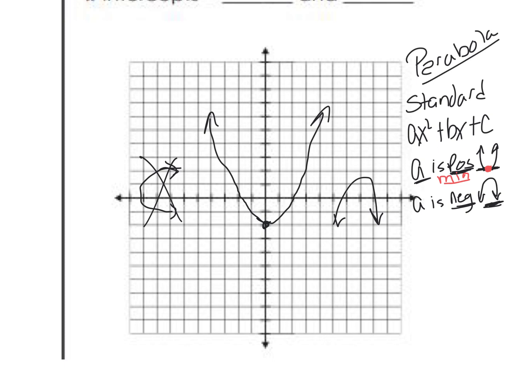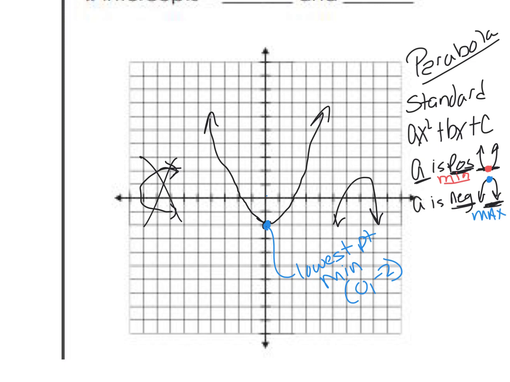When a is negative, your vertex is going to be your maximum point, your highest point on the parabola, and it's called a maximum vertex. So if we're looking at this one, our lowest point is the minimum vertex, and this is at (0, -2).